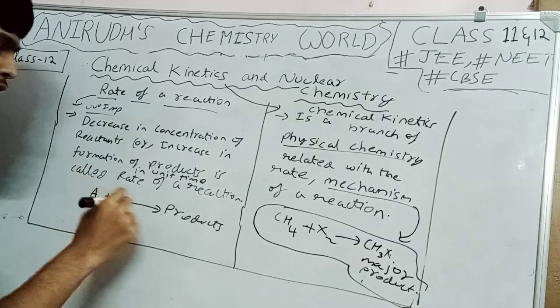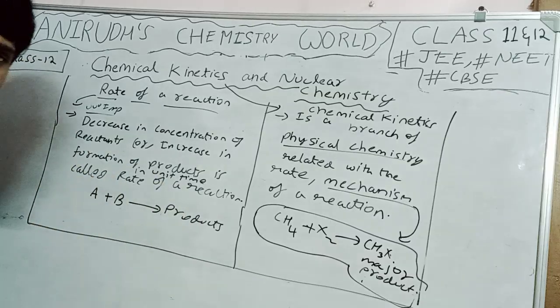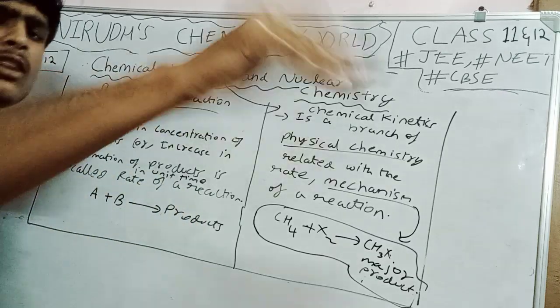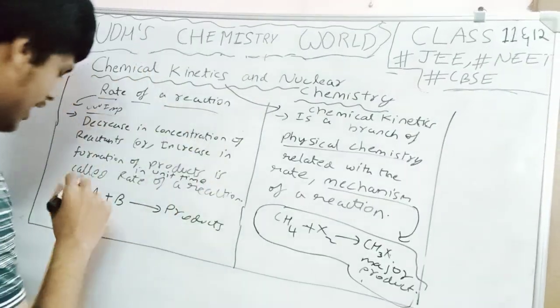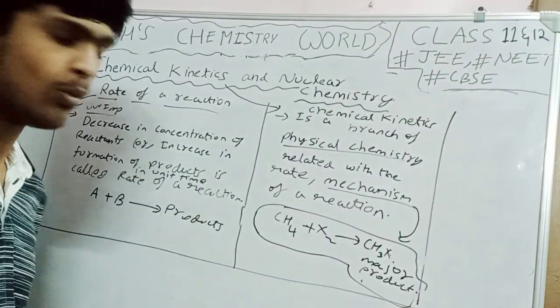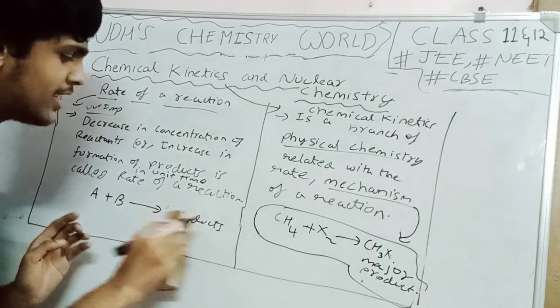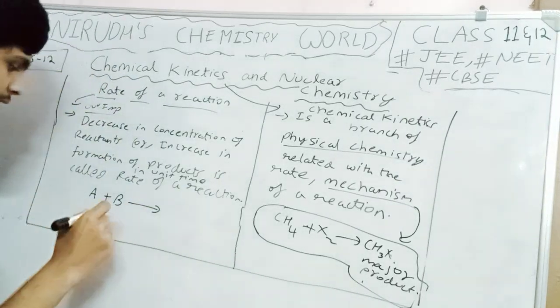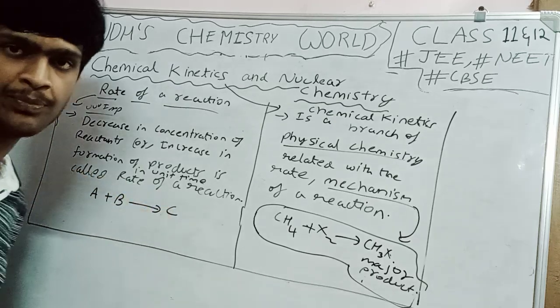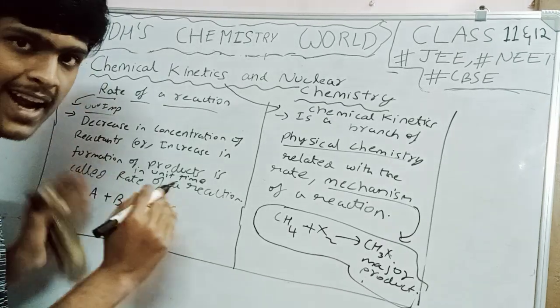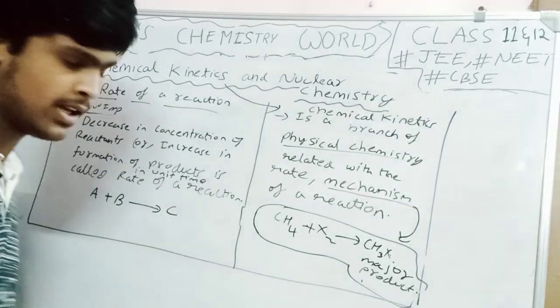Whatever the product may be, let us leave that for now. For a better, more organized understanding, let us consider that the two reactants A and B combine to form C.